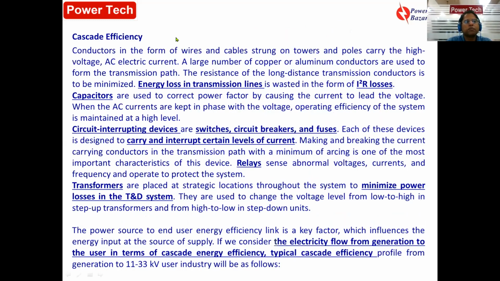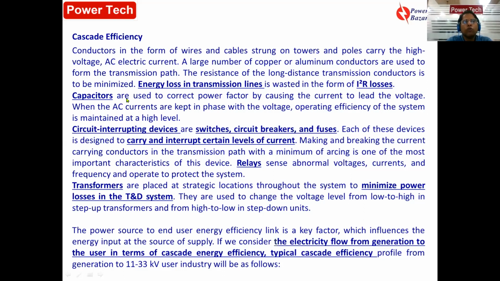Now, what do you mean by cascaded efficiency? Before that, we should understand what the other system components of the electrical power system are. One is capacitors. These capacitors are required to improve the power factor, because there is an inductive load at the load end. Also, the transmission line has some inductance.